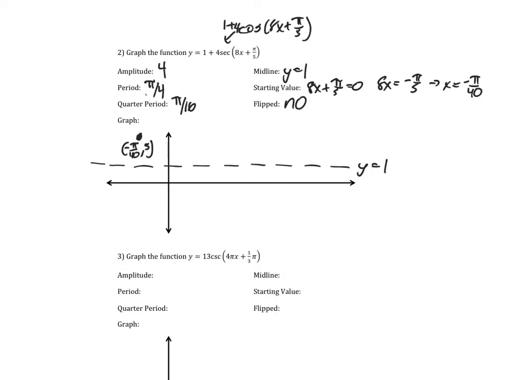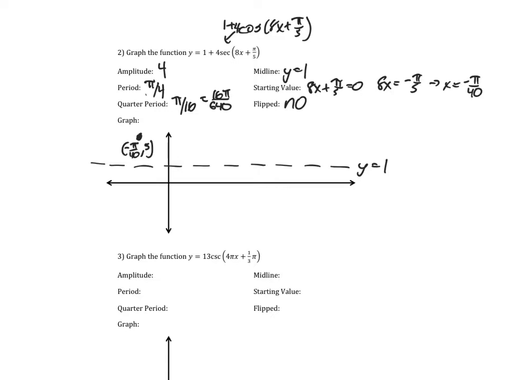Now I'm going to add a quarter period to it. To find a common denominator is going to be kind of a pain. So to do that, I'm just going to multiply 16 times 40, and I get 640. So pi over 16 is 40 pi over 640.